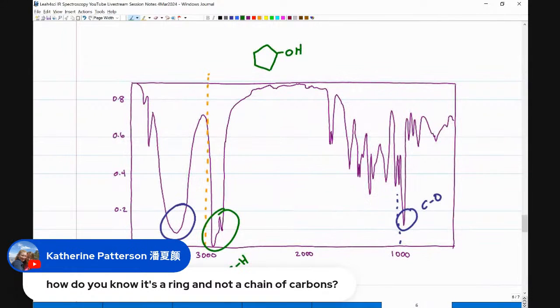So let's go back to the last question. Let's say here you did have a choice between something that looks like this. But in addition to giving you the graph, they also gave you a formula of C5H10O. Now you would use this formula to solve for the index of hydrogen deficiency.